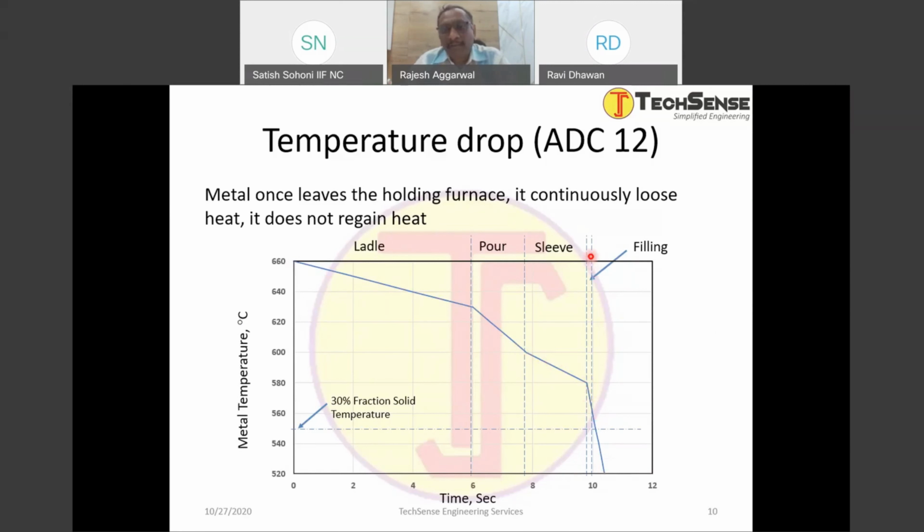This is a very short time, a fraction of a second, where the filling happens. So as you see, the metal will continuously lose heat. It will not regain the heat unless there is some additional or external heat input to the liquid metal, since in the holding furnace it is continuously heated to maintain a particular set temperature. So it retains the heat and is stable at that holding temperature in the holding furnace.